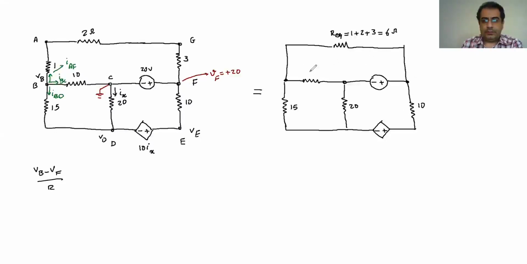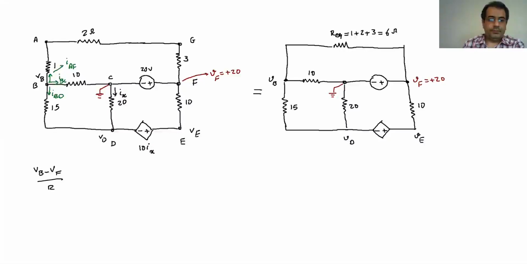So these are the ones we have. So here again, I will write that. I have the V_B here, and I would put the reference here. At this point, also I have the V_F that I know is going to be 20 here. Also I have the V_D here and V_E here.